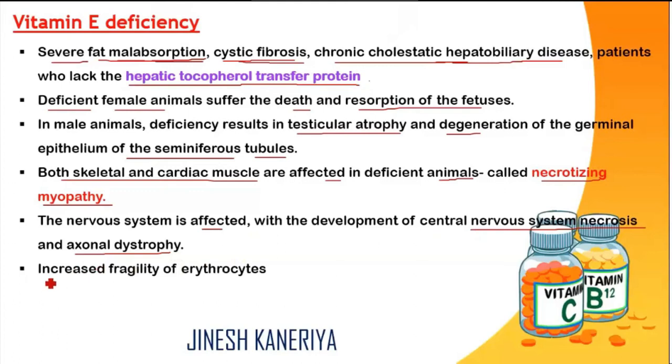So these are the biological terms related to defects in the nervous system, affecting the development of the central nervous system, or necrosis, or it affects the fragility of the erythrocyte when vitamin E is low. So these deficiencies are related to vitamin E: fat absorption, hepatic tocopherol transfer protein, death of the fetus during pregnancy in females, reproductive or genital organs also affected in males, skeletal and cardiac muscle affected, the nervous system affected, and erythrocyte fragility.